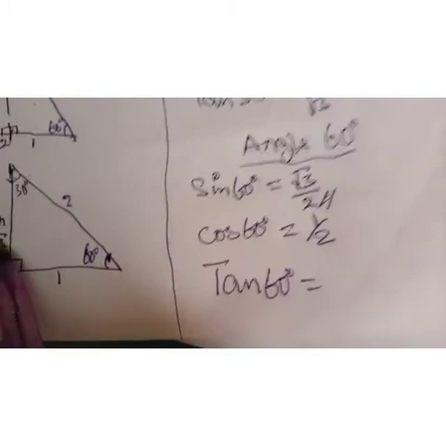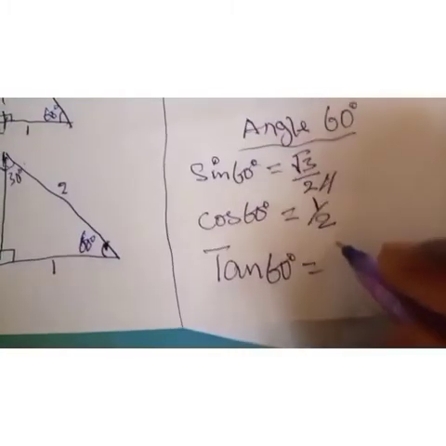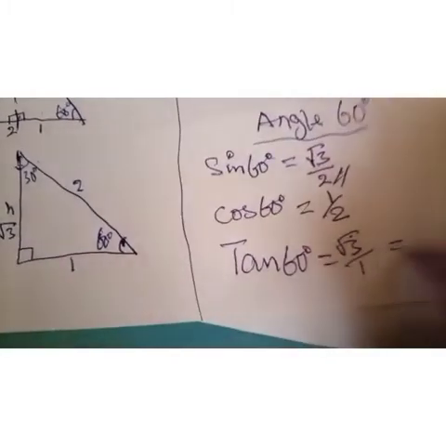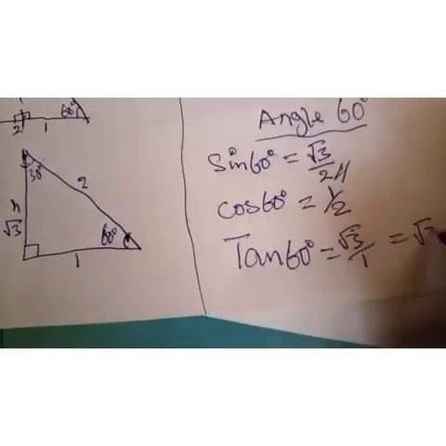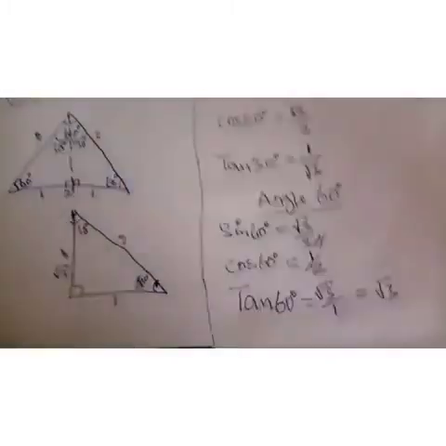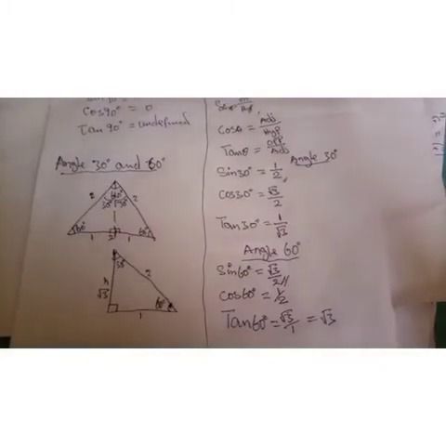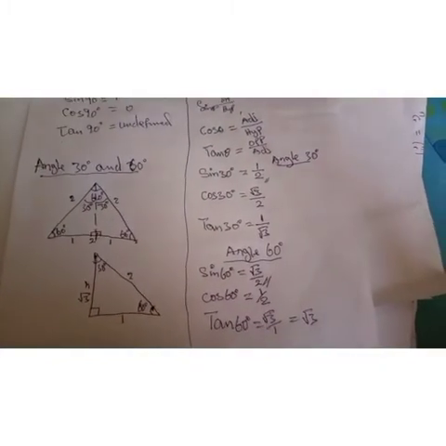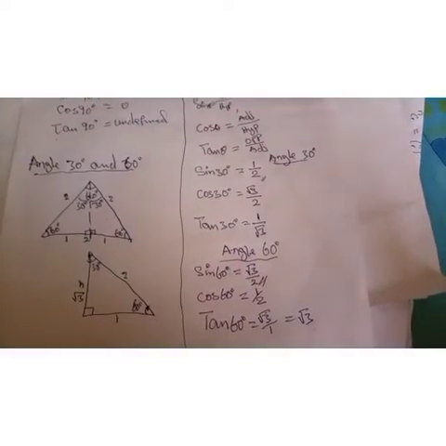This is the opposite and this is the adjacent, which is root 3 over 1, equals root 3. Okay, so this is all we have about the 60 and 30 degree.